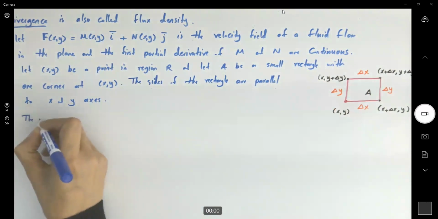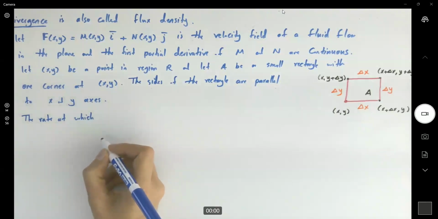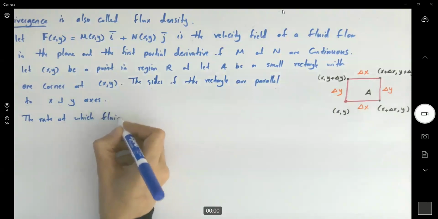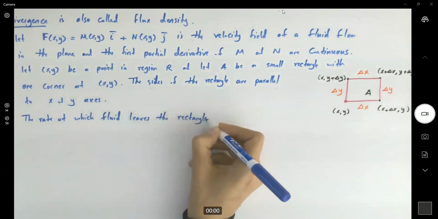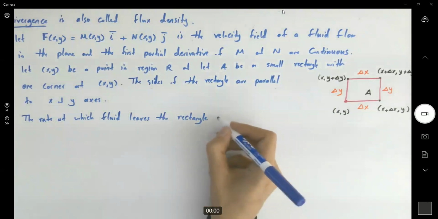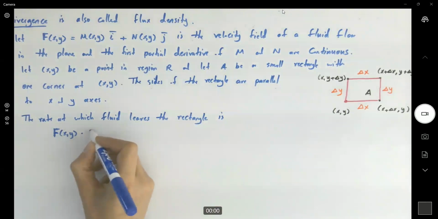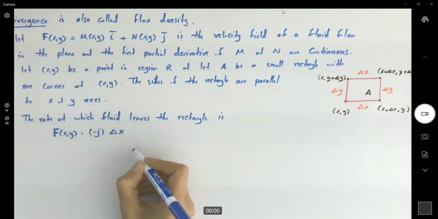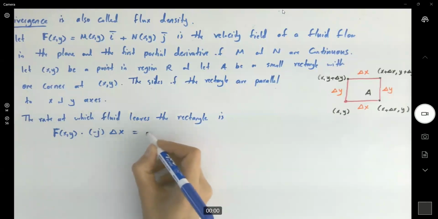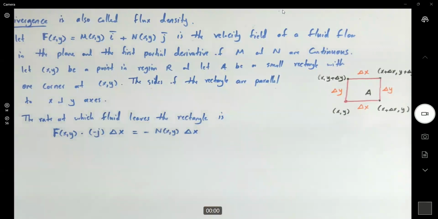So note that the rate at which fluid leaves the rectangle is approximately f of x and y dot negative j times delta x, which is nothing but negative n of x and y delta x.